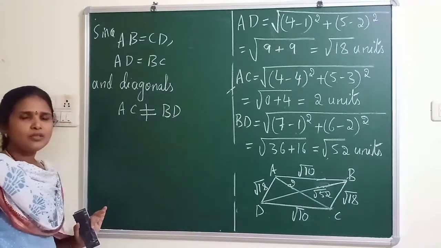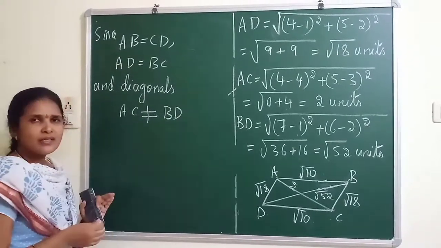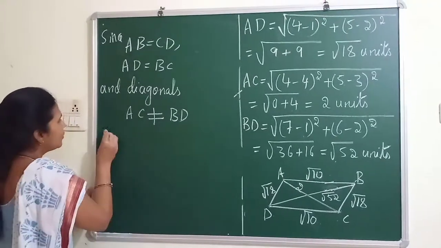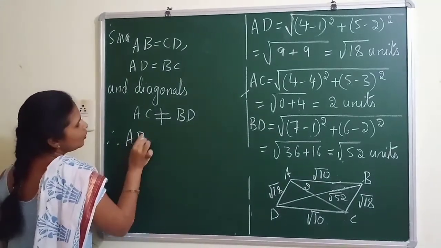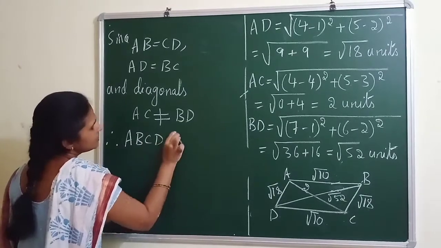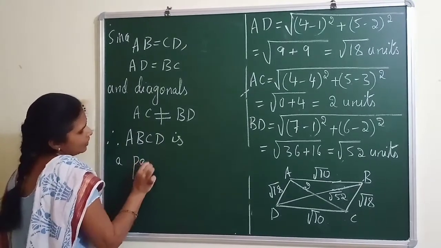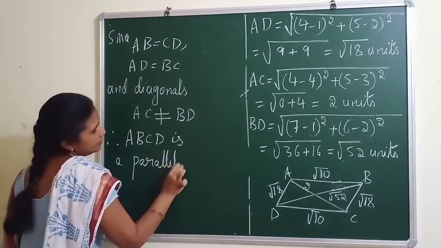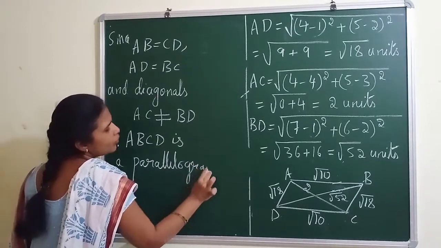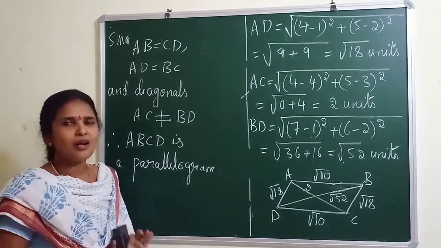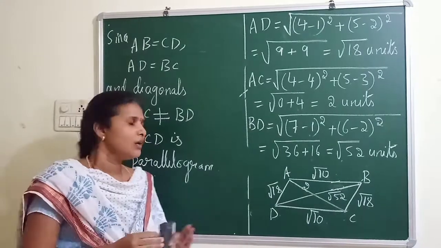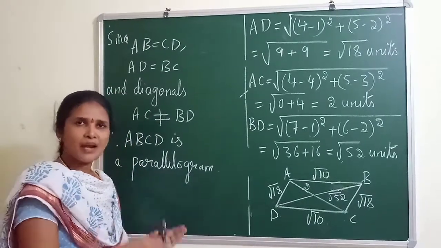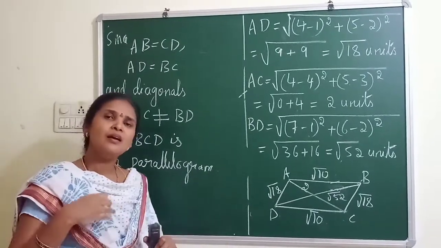So what do you conclude? Parallelogram or rectangle? As it is a parallelogram, we can conclude the quadrilateral ABCD is a parallelogram. When both pairs of opposite sides are equal and the diagonals are not equal, we can conclude that it is a parallelogram. If they are equal, it becomes a rectangle.